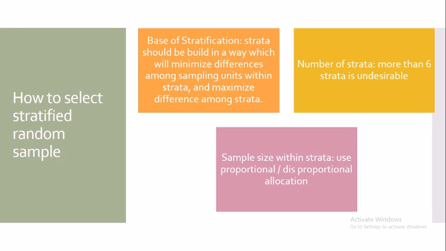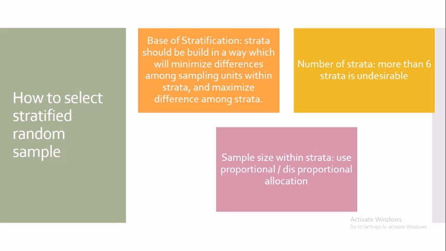Now, how to select a stratified random sample? First of all, if you have a population, you will have to divide it into groups or strata in a way that minimizes the differences among the sampling units within the strata and maximizes the difference among, or between, the strata.